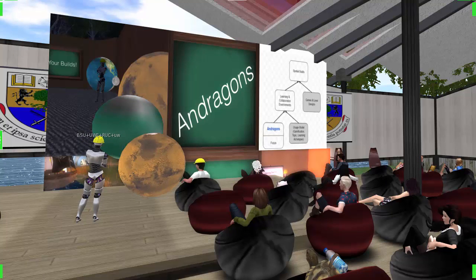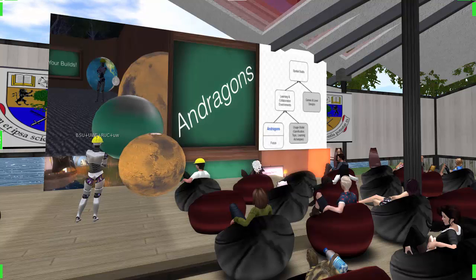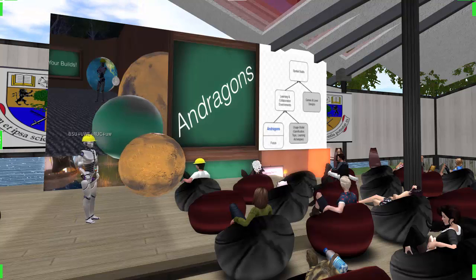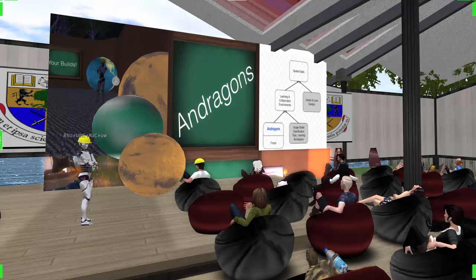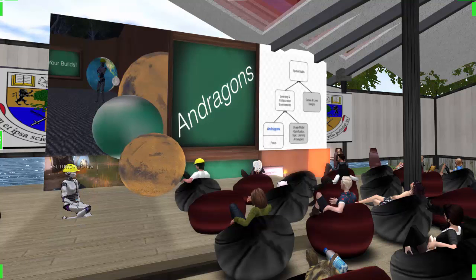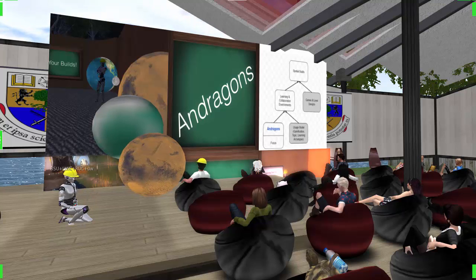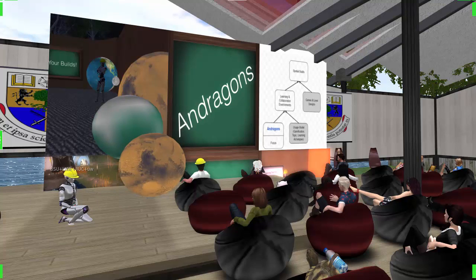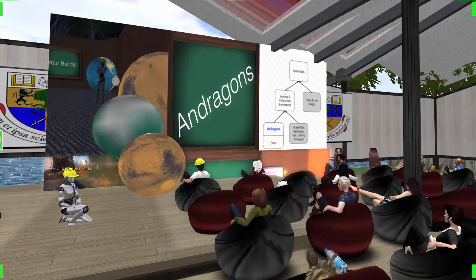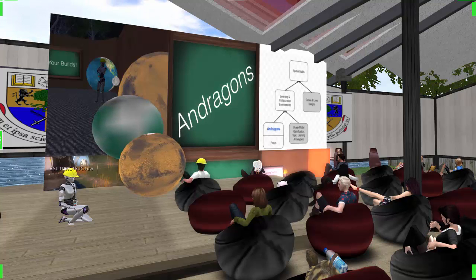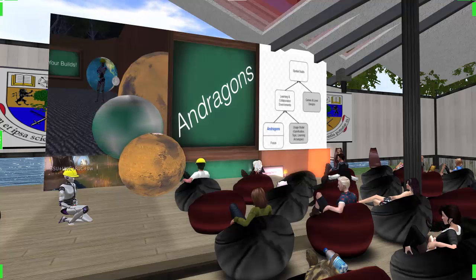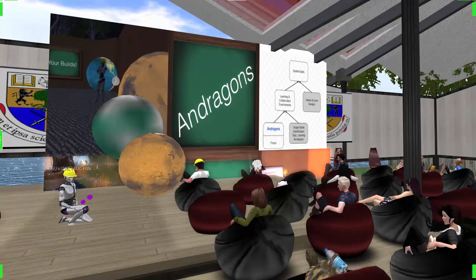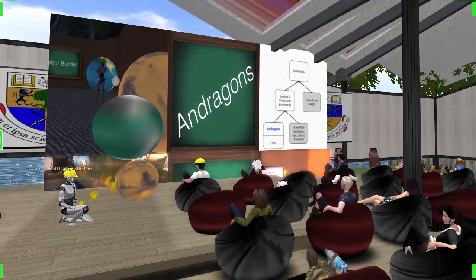What do you notice about these two planets right now? Good point. Should they be the same size? Yes. One has more water on it, doesn't it? Should Mars be a little smaller?